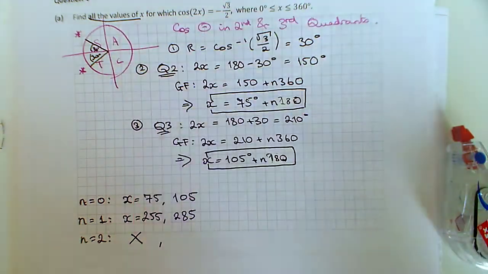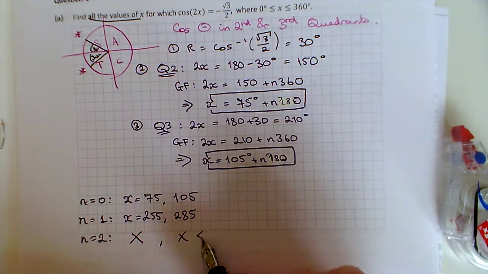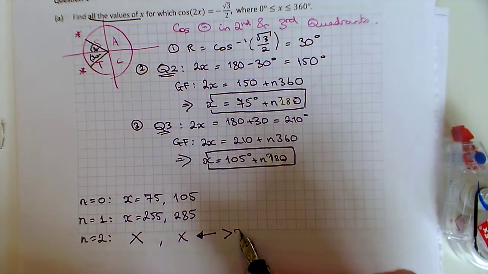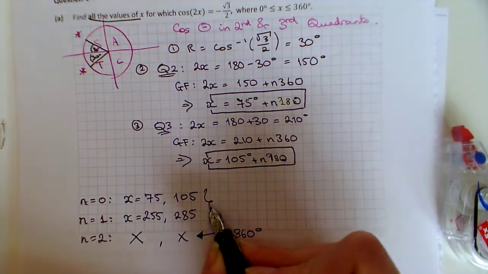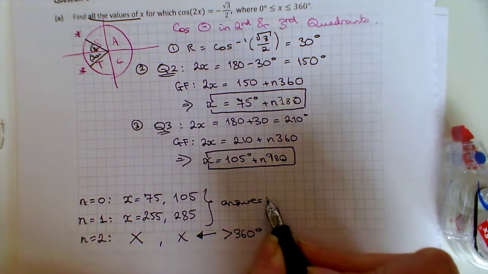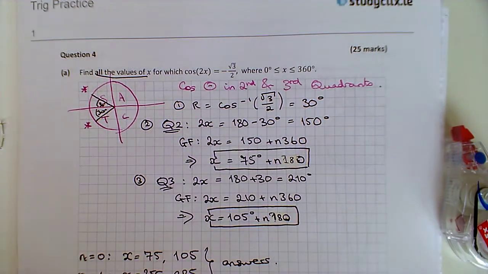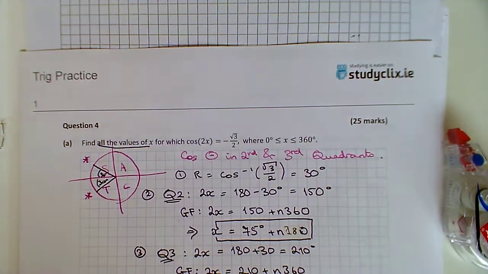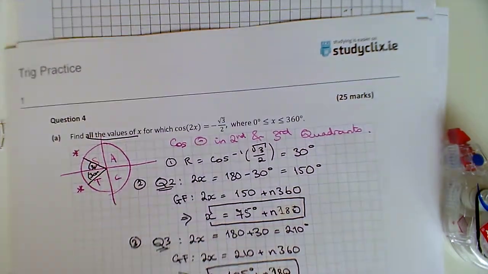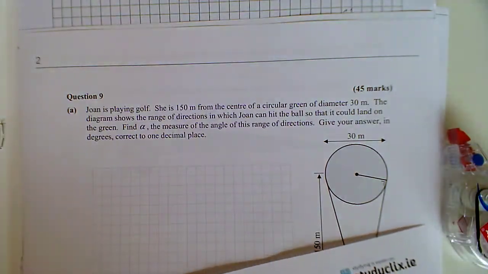I get 465. So these values are greater than 360 degrees, and these are my answers. Okay, so that is all of question 4, part A, which was all of the trigonometry for that one.